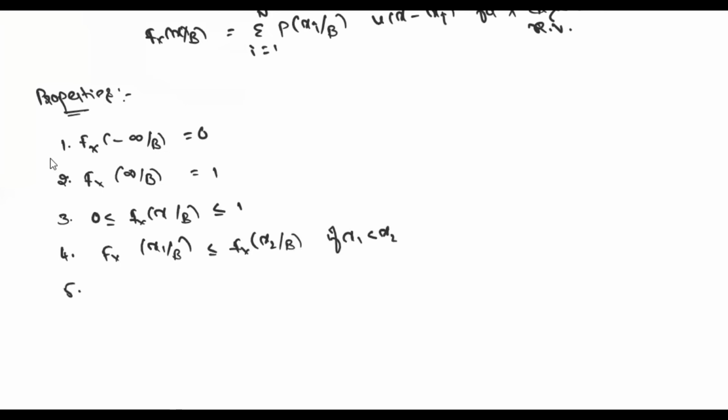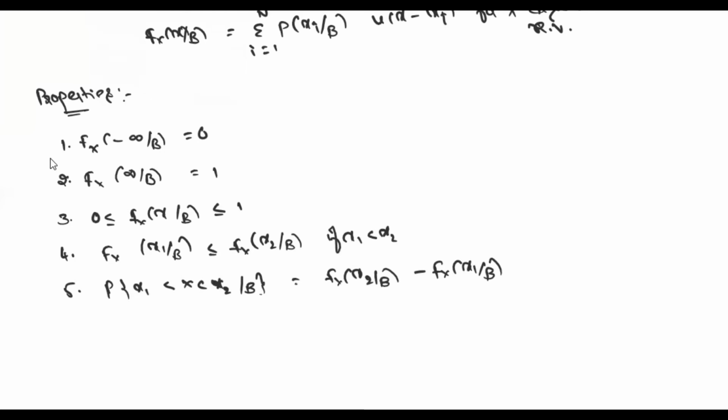And the fifth property: probability of x1 less than X less than or equal to x2 given B is equal to F_X(x2|B) minus F_X(x1|B). We wrote that in the previous simple distribution function as F_X(x2) minus F_X(x1).